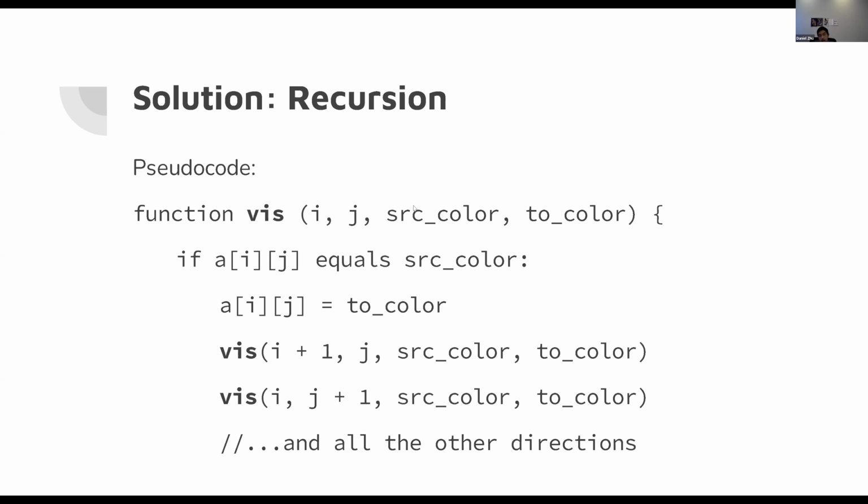Let's do a really simple example. So let's say you have a 2x2 array like this, and you start from here, and you want to change all the zeros to ones.